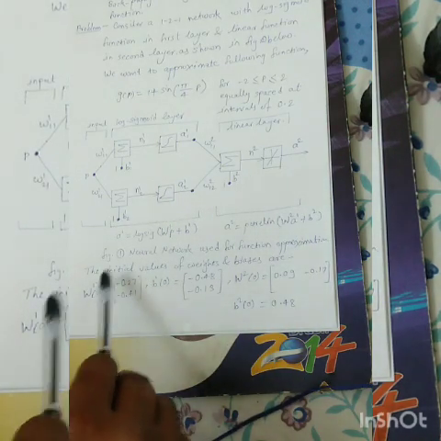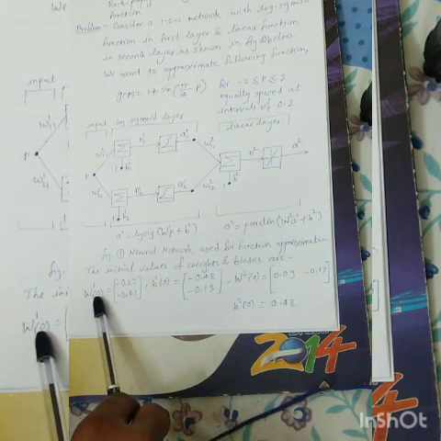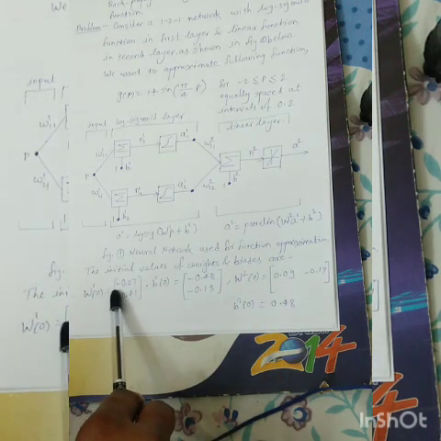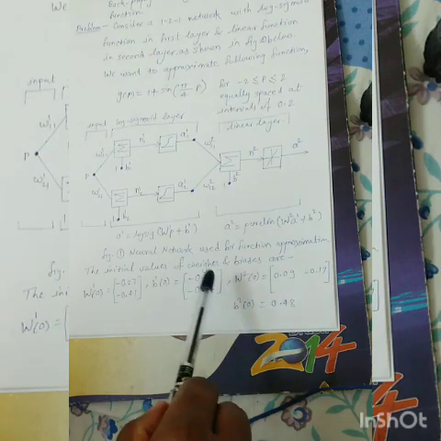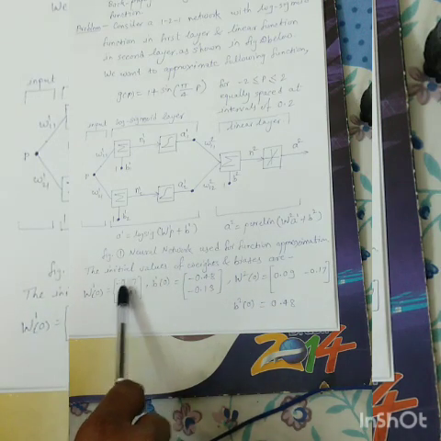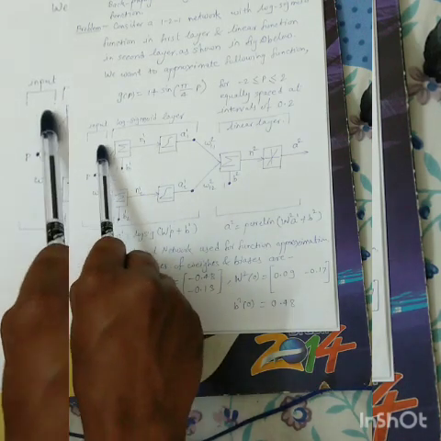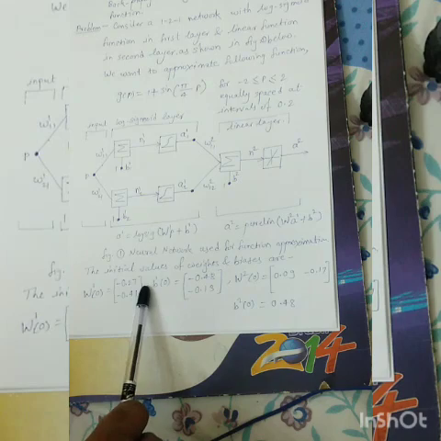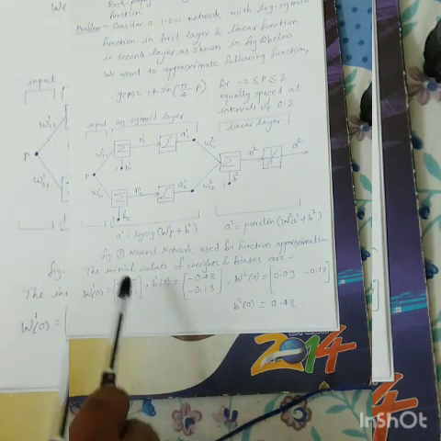The initial values of weights and biases are W^1(0) = [-0.27; -0.41]. Here the parameters are given in matrix format. W^1(0) = [-0.27; -0.41] means W^1_11 = -0.27 and W^1_21 = -0.41.